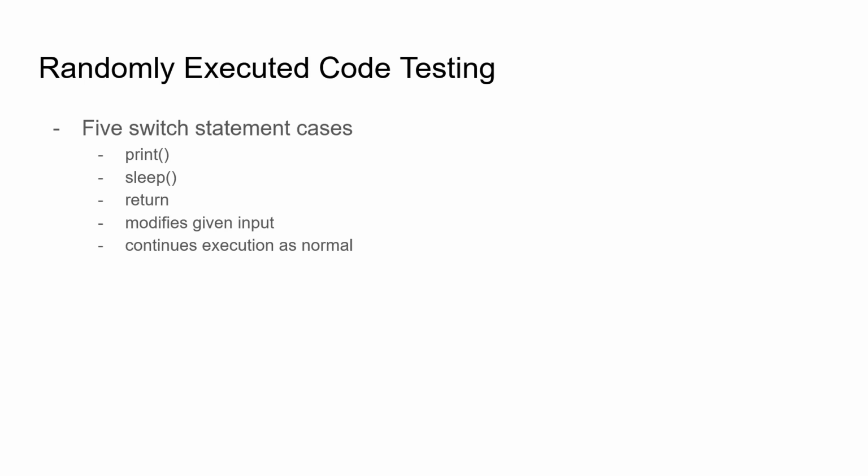The third case returns and simply terminates the program. It returns a successful JSON parsed code, even though it should return a failure code. The fourth case modifies the given input. It takes the JSON inputted into the file and makes it null and lets program execution continue. And then the fifth case just simply continues program execution as normal.